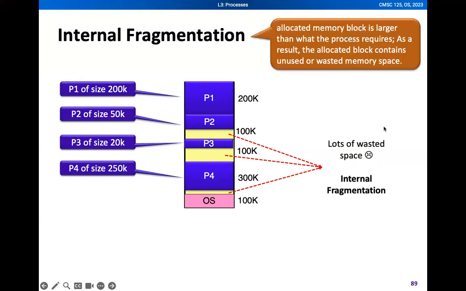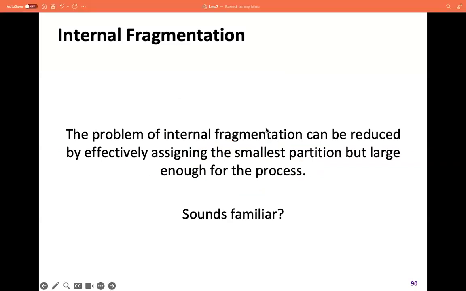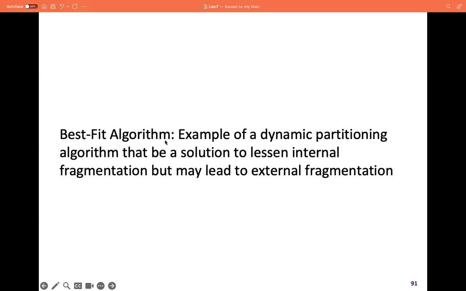All right. Now the problem of internal fragmentation can be reduced somehow by effectively assigning the smallest partition but large enough for the process. Does it sound familiar to you? Yes, it is the BestFit algorithm.